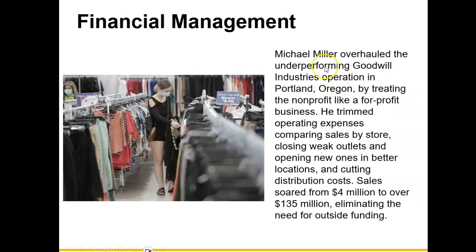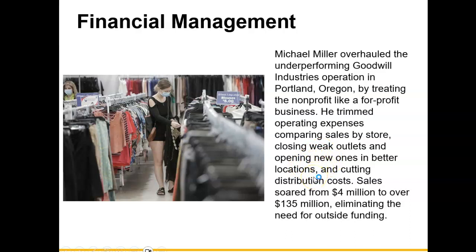Michael Miller overhauled the underperforming Goodwill Industries. So as you all know, Goodwill is a not-for-profit organization. However, he decided to treat it like it was a for-profit business. He trimmed operating expenses. He compared sales by store. He had to close some of the weaker outlets and open new ones in better locations and cut distribution costs.